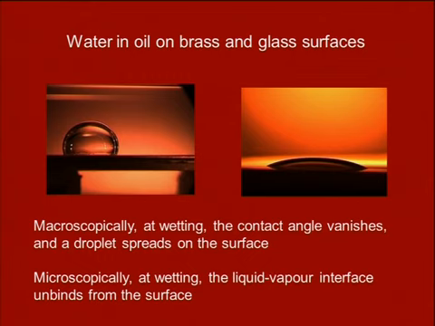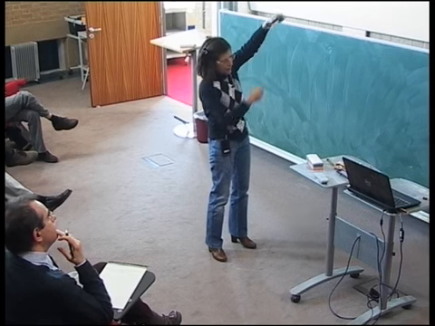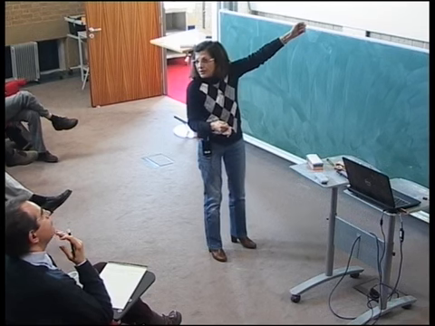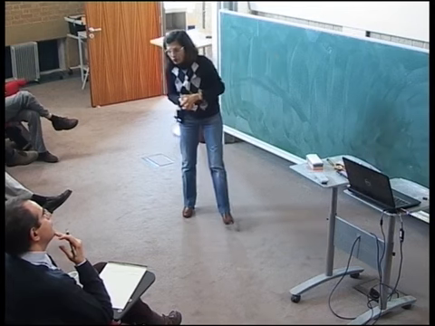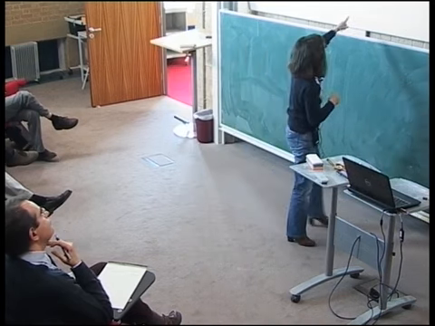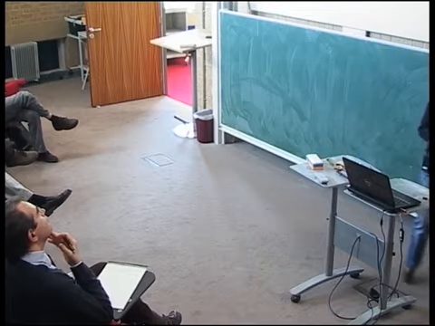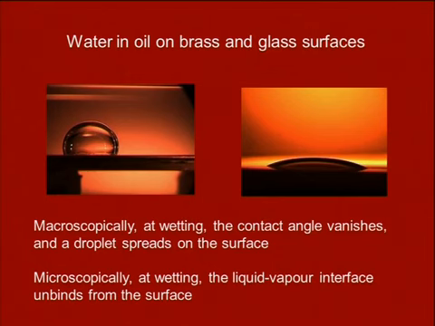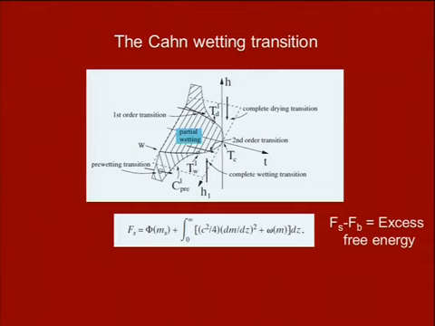But at the microscopic level, at the same transition, you can think of this as three phases and two interfaces, and the distance between the two interfaces, solid-liquid and liquid-vapor, increases to macroscopic values. This is one of the things that is important in analyzing these systems theoretically and might be important in applications.